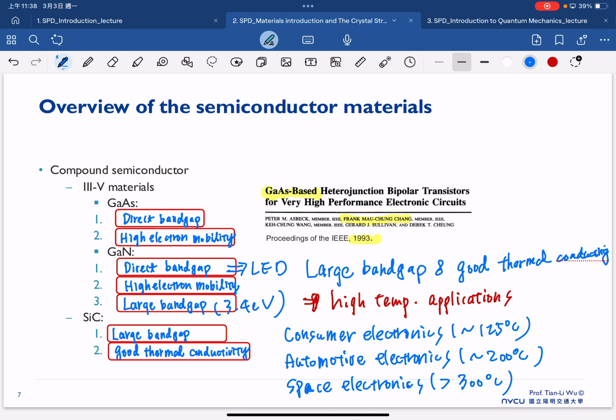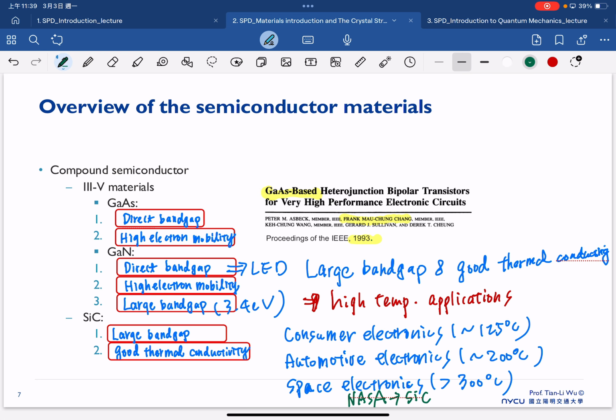If you look at the NASA website, there's a dedicated page about how NASA uses silicon carbide technology for space application. They demonstrate silicon carbide electronics, not only for power, even for logic, because this is going to be installed in the spaceship and the satellite.